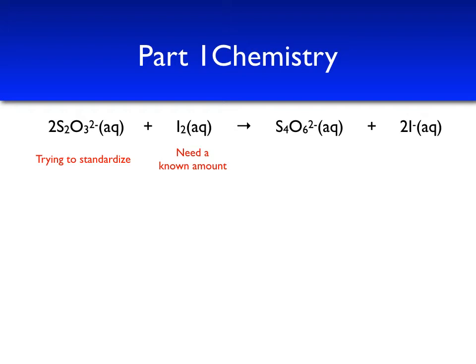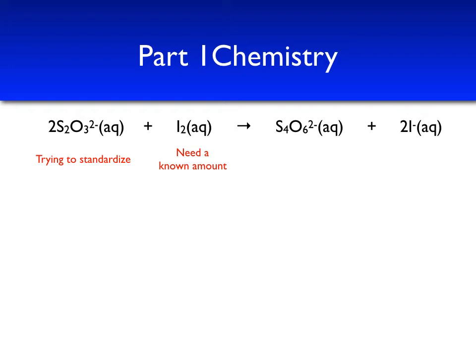This is not possible since I2 has an intermediate solubility in water, making it very difficult to determine its concentration. So we need to be able to, in a way, know the exact concentration of I2.